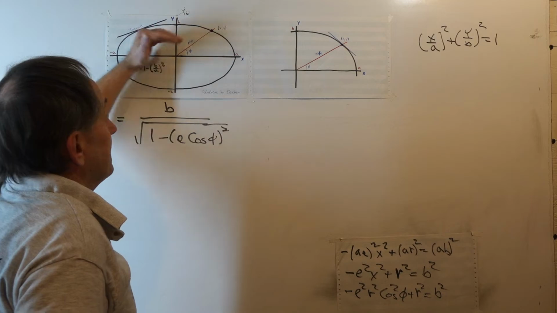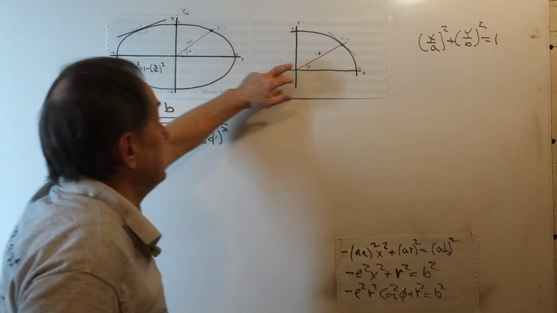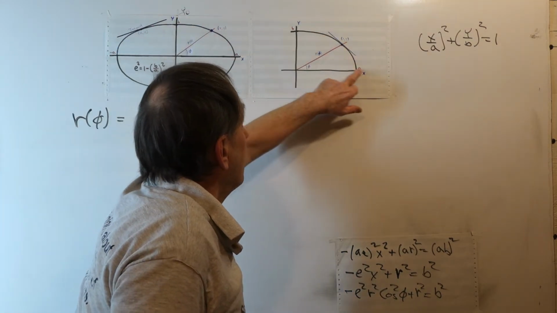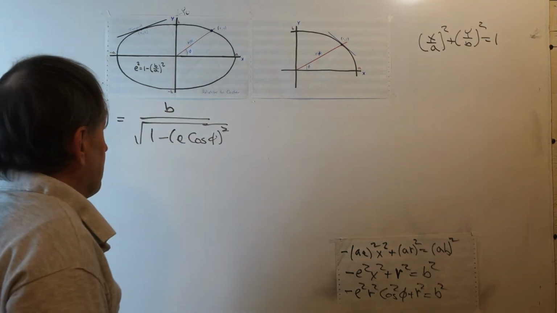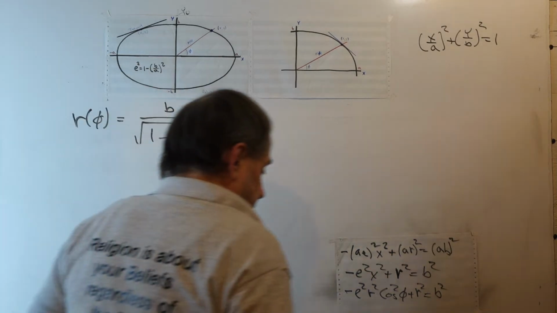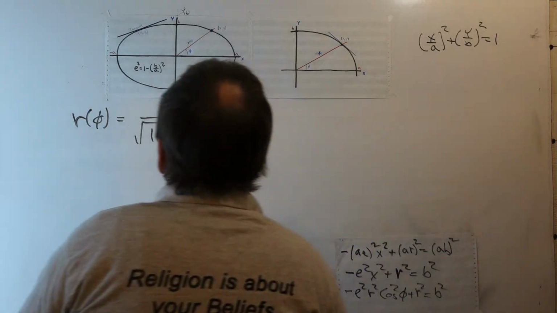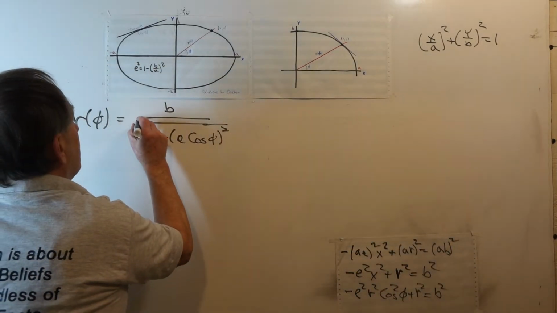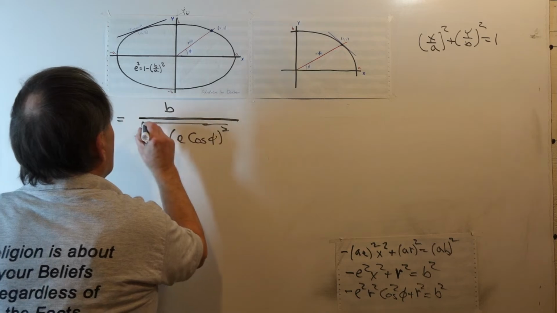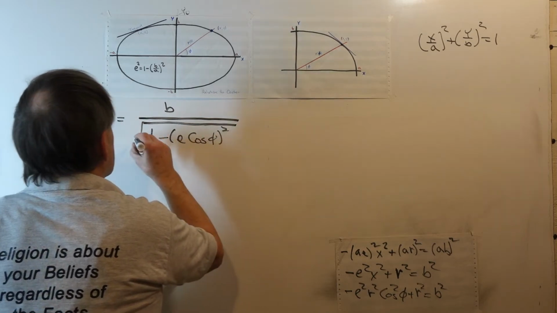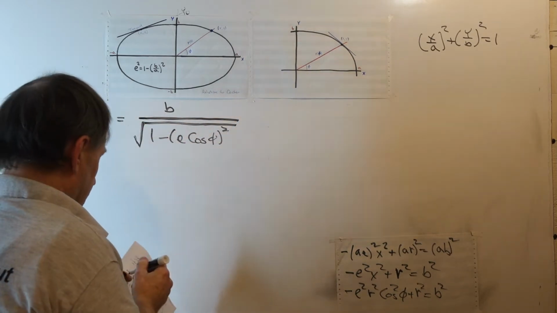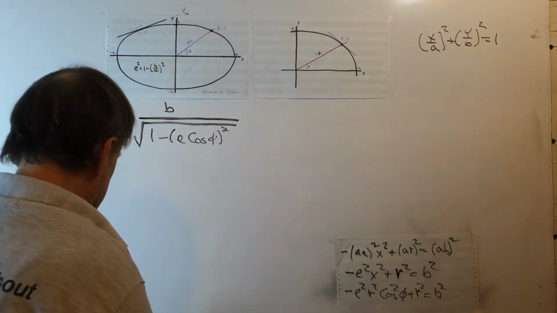We have symmetry about both axes. So we only need to consider one quadrant when looking at the properties of the ellipses. So what we have here now is our polar coordinate equation for the ellipse relative to the center of the ellipse.